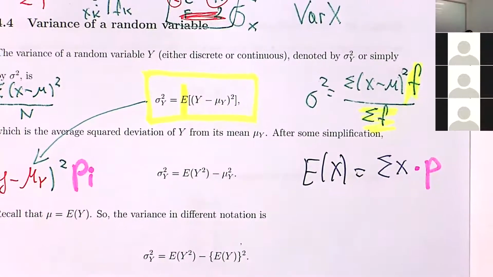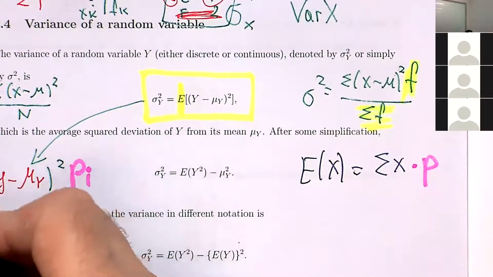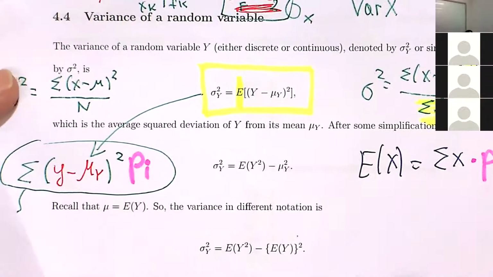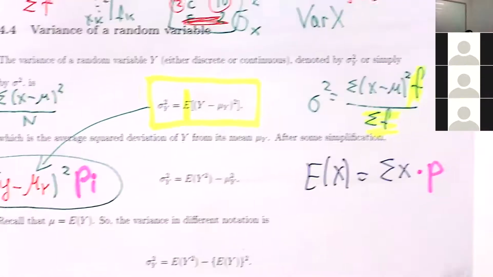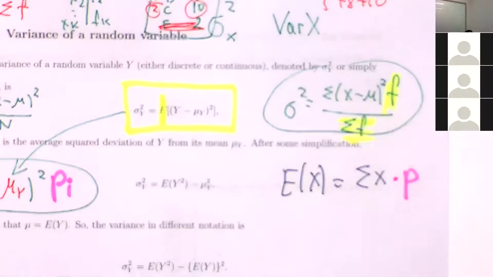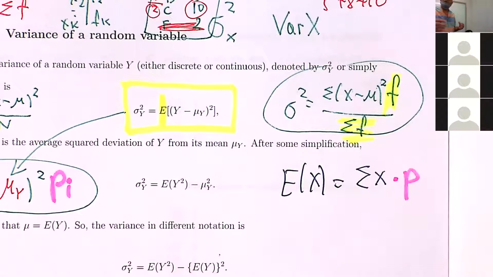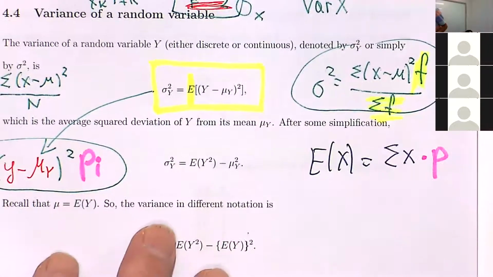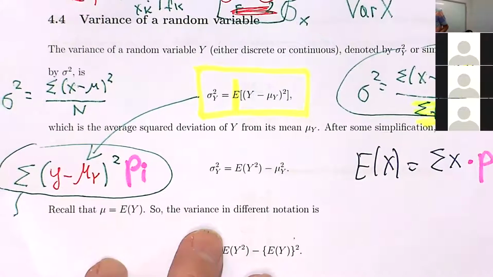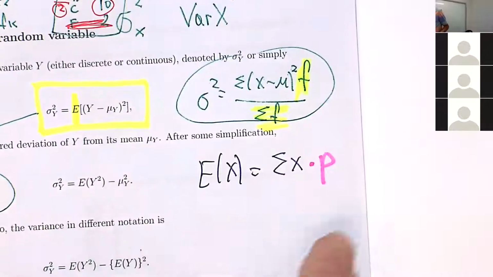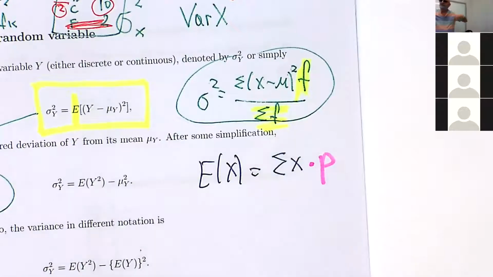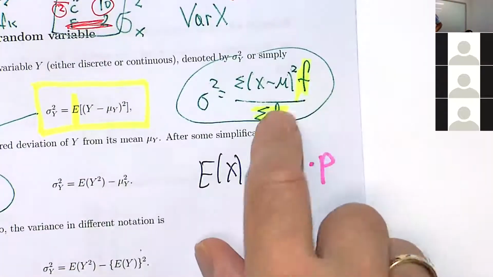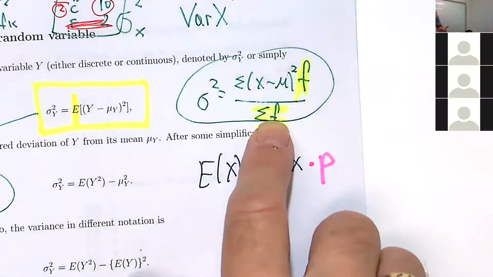So if you compare now this formula for the variance of the random variable with this formula for the variance of the population when you have frequencies, you can see that in essence we are talking about the same thing, because f divided by the sum of f, as the number of elements increases and finally when the population becomes infinite, will become probability.